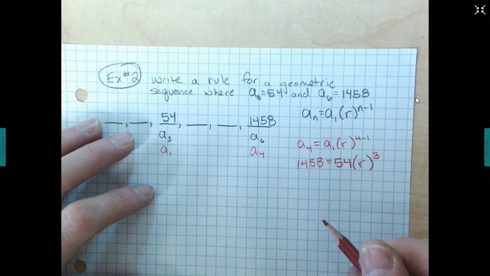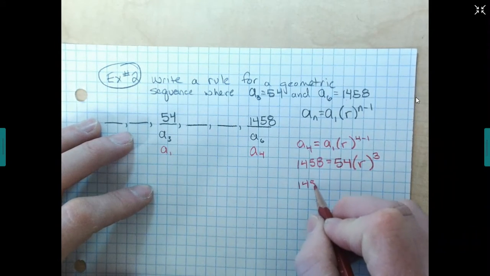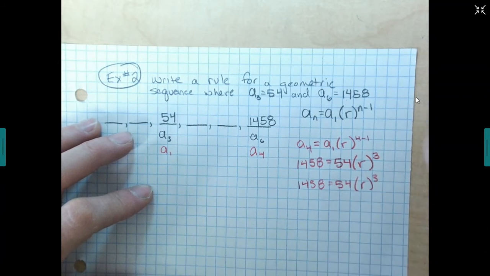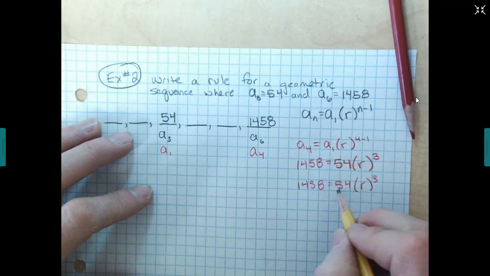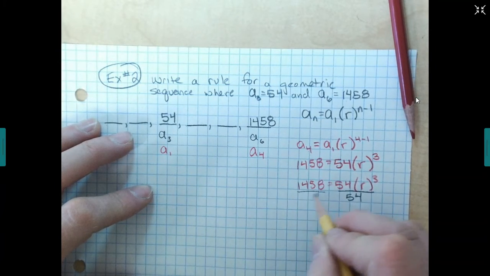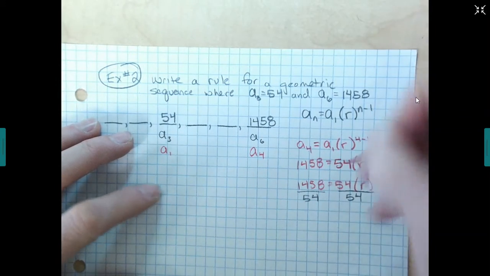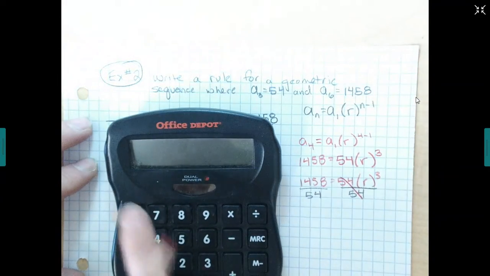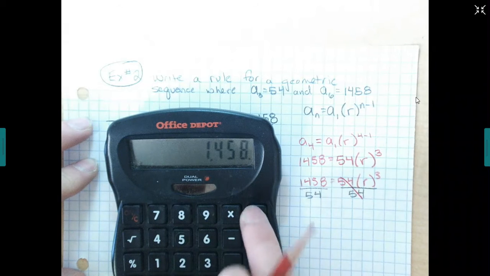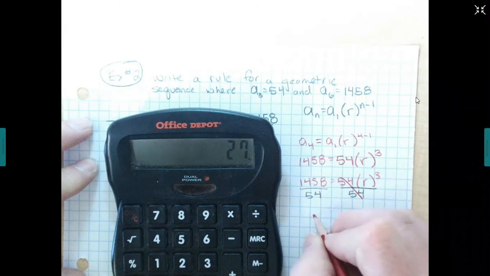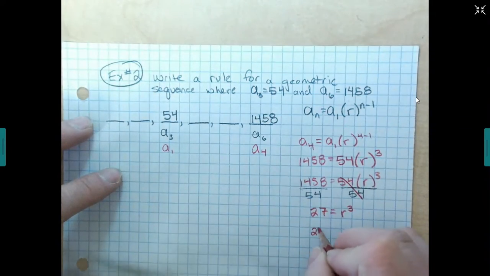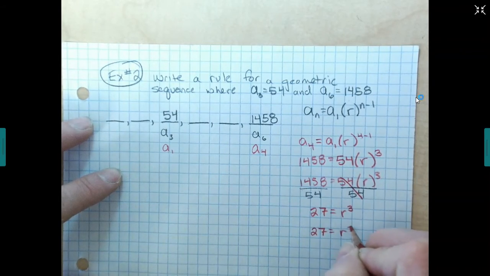How do we solve this? 1458 equals 54 times r to the third. Well, I can divide by 54. So those cancel out. 1458 divided by 54, you get 27 equals r to the third.